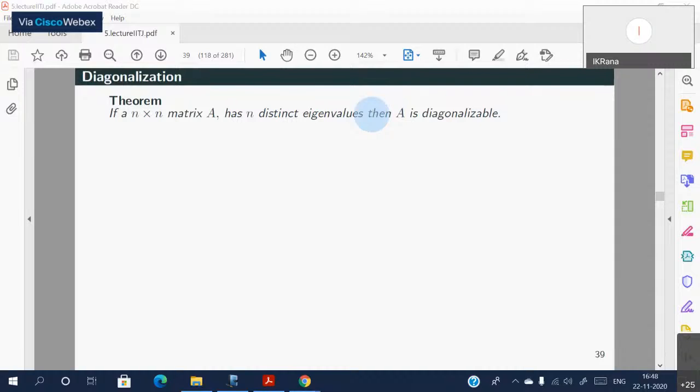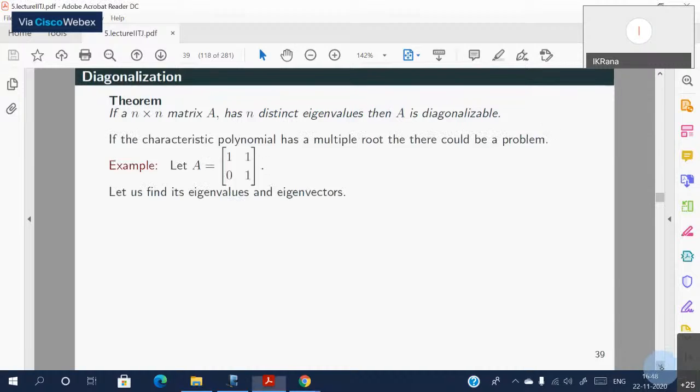So A is an n cross n matrix, and all eigenvalues are distinct. Just now we proved that the eigenvectors corresponding to distinct eigenvalues are linearly independent. So there will be a basis consisting of eigenvectors if the matrix A has n distinct eigenvalues, and that will be diagonalizable.